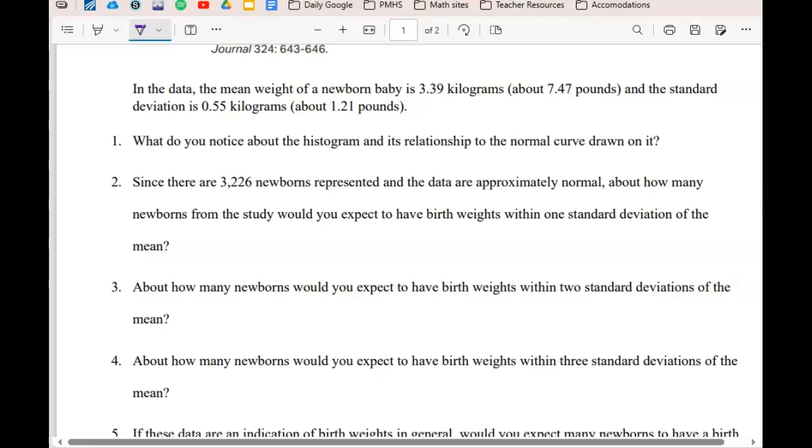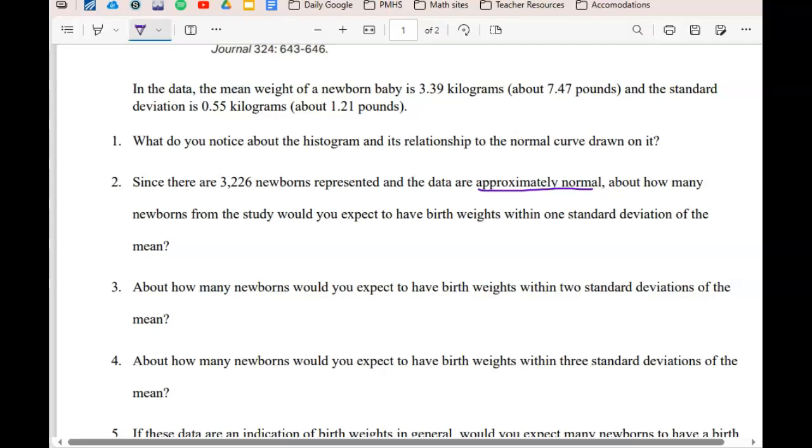Since there are 3,226 newborns represented in this data that are approximately normal, this gives me the freedom to know that I'm going to use the bell curve, normal curve, and the empirical rule.